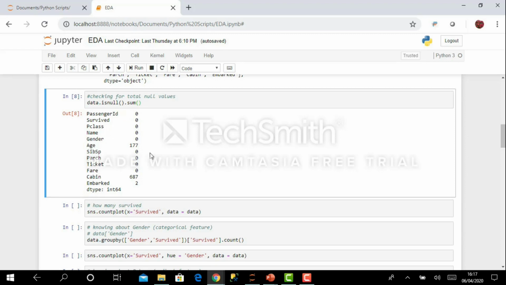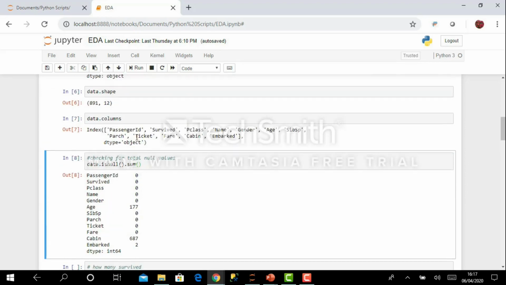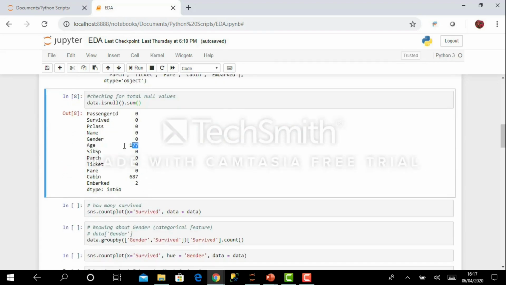But the age column has 177 records with null values. If you remember, there are a total of 891 records, and among them 177 have null values in the age column. So we have to take care of that in the next steps.